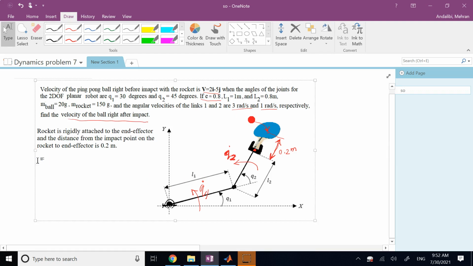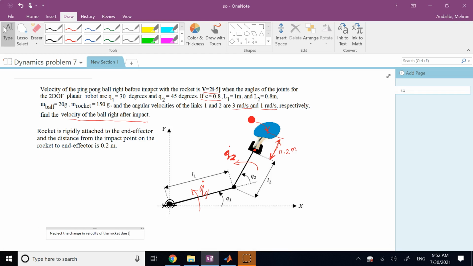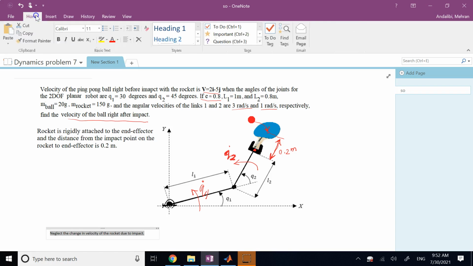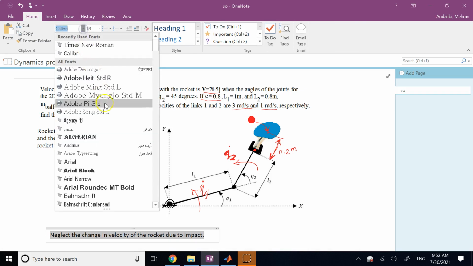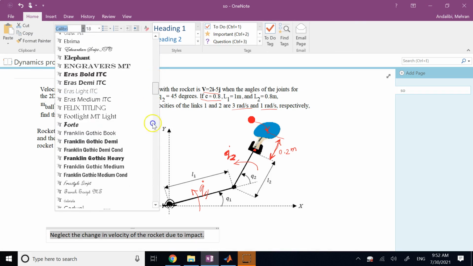So let me add that for you here because it is important. We should neglect the change in velocity of the racket due to impact because the ball is not really heavy and the racket is rigidly kept in place by the manipulator, which are typically rigid objects, okay?